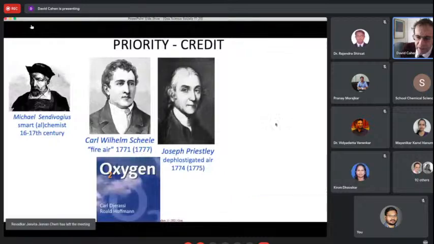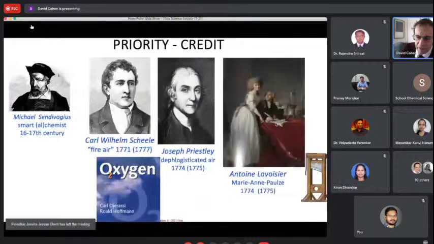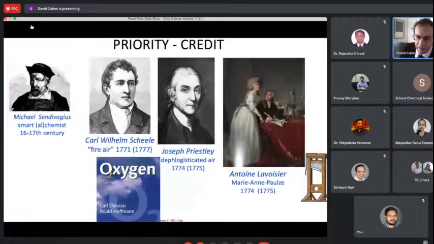There is no question that Lavoisier improved a lot on what he learned from these two. But there was also, according to the story, his wife, Marie-Anne Paulze, who was very careful to do everything to make sure that her husband and only him would get credit for the discovery of oxygen.